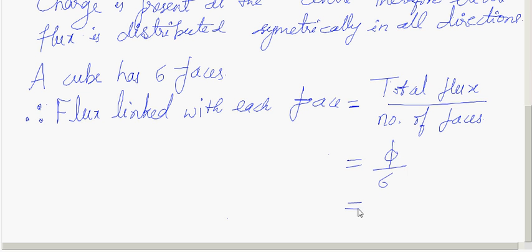And phi is Q by epsilon naught, so it is Q by 6 epsilon naught.